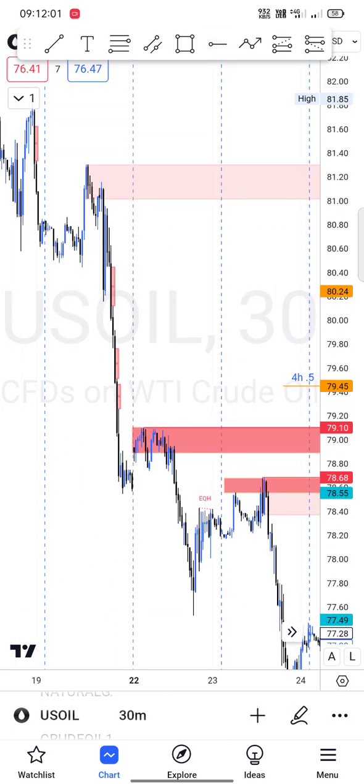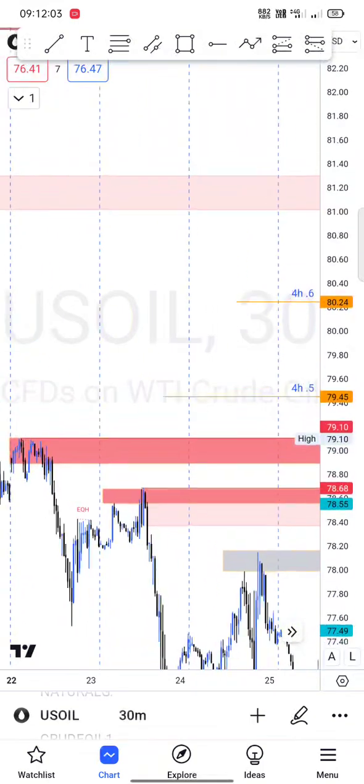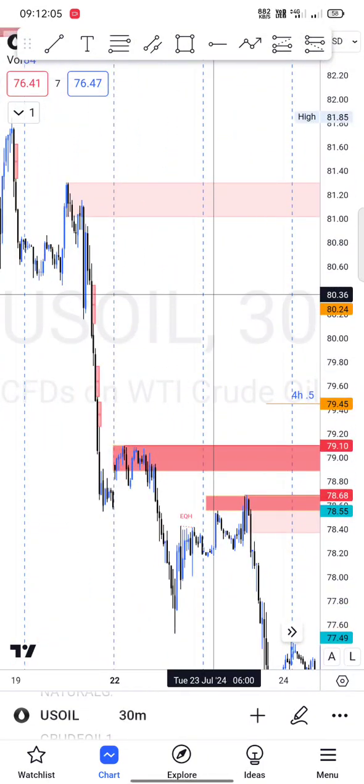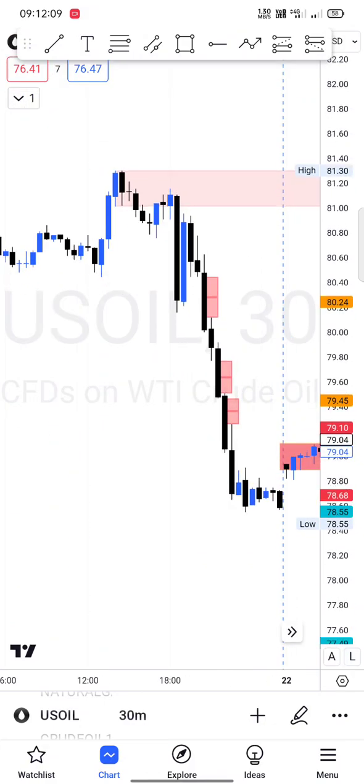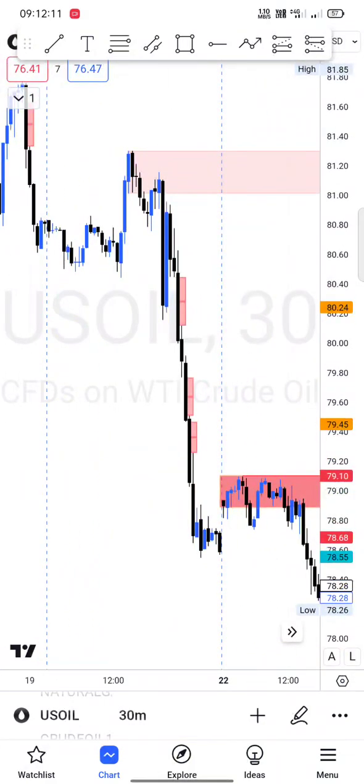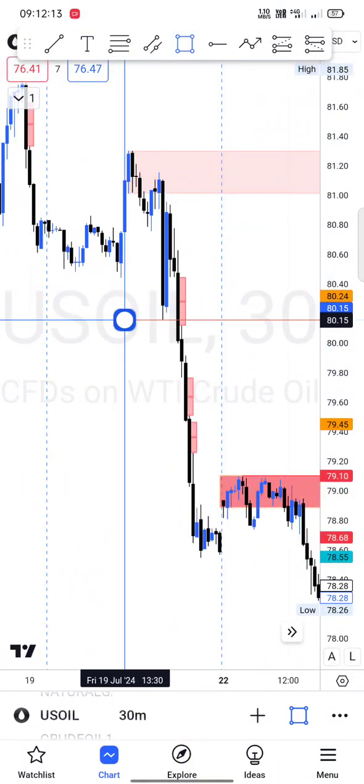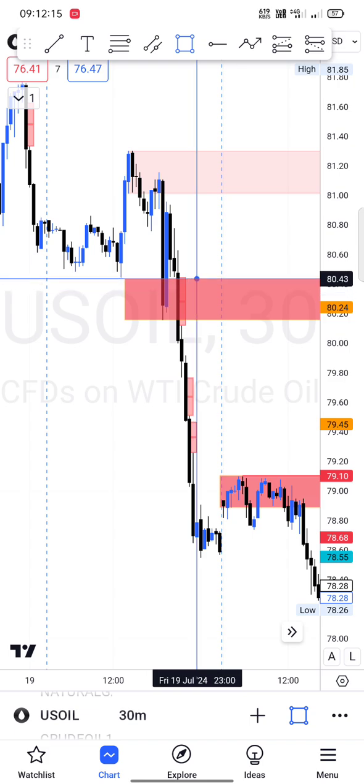Okay, in 4-hour, this is the 4-hour retest area. Here is an imbalance and some key levels here fully.